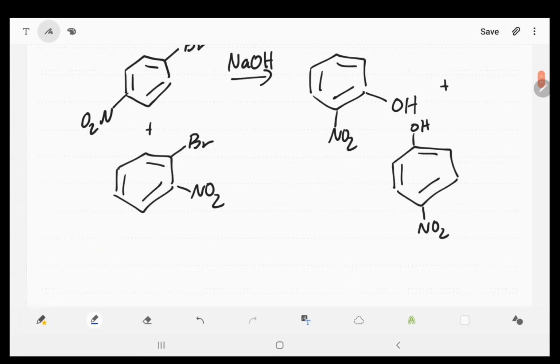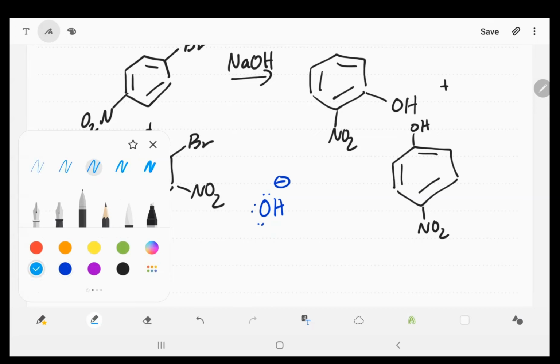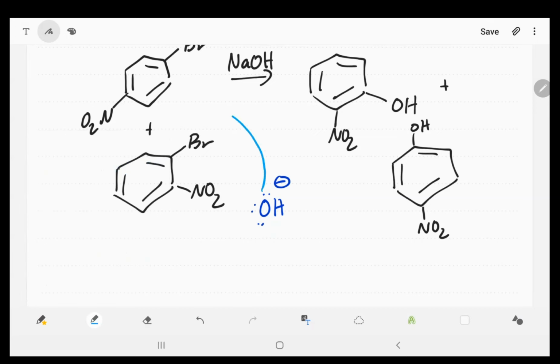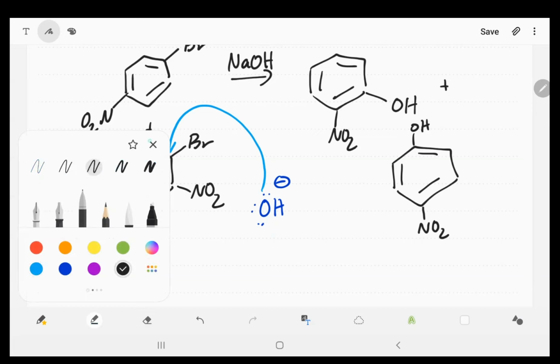Here comes our dear friend, the nucleophile. Hydroxide comes in and attacks our brominated position.